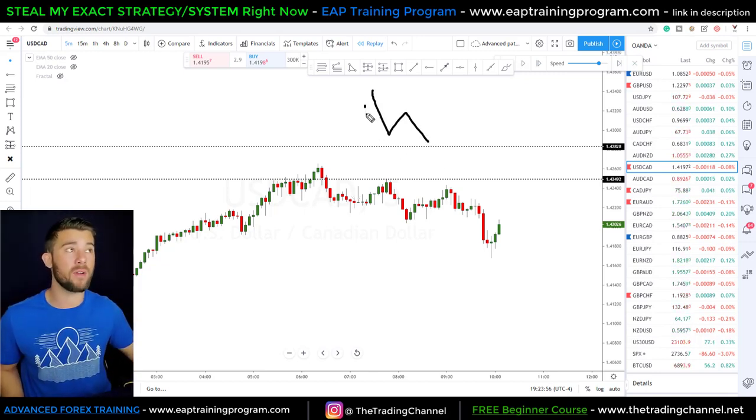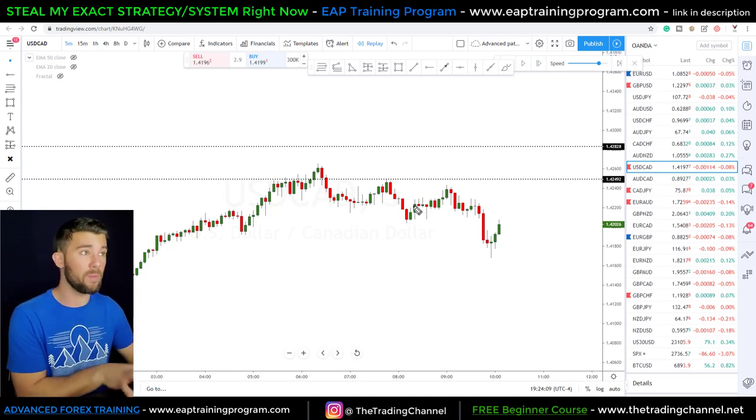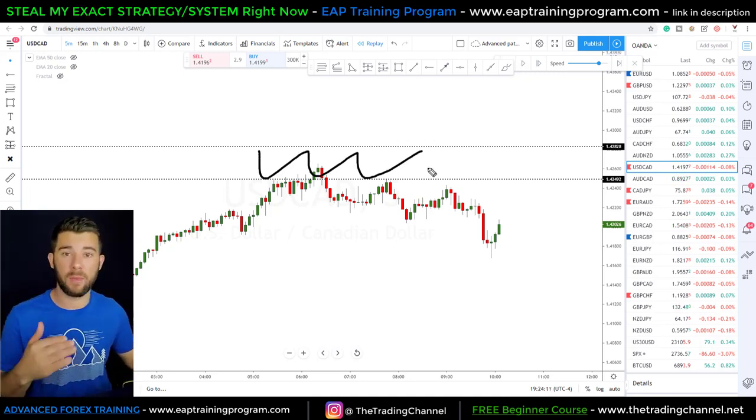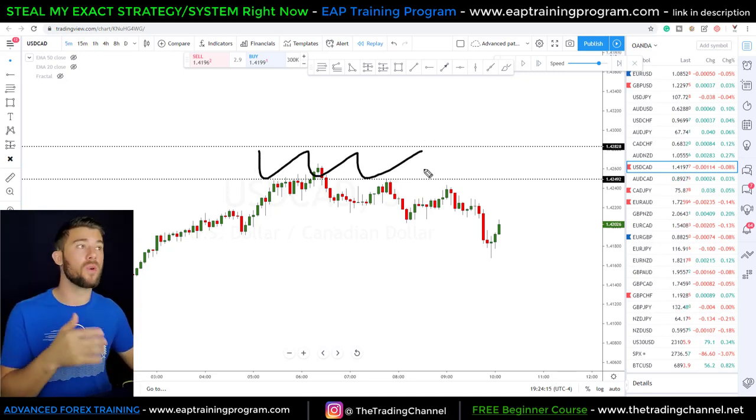All that means is that I have a leg pushing down. I call that my 1 leg. My pullback is the 2, and a break and close below the structure support of the 2 leg is 3. So 1, 2, 3 equals downtrend. So we ran into our zone. Condition number 1, we need to run into a zone of major structure resistance.